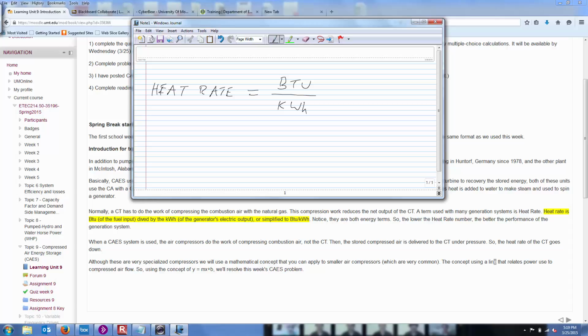It's kind of like the opposite of an efficiency, isn't it? I mean, because the BTUs are coming in, the kilowatt hours are going out. Normally an efficiency would be the other way, but there it is, heat rate. So the lower the heat rate number, the better the performance. So it's the inverse of efficiency, as I just said.